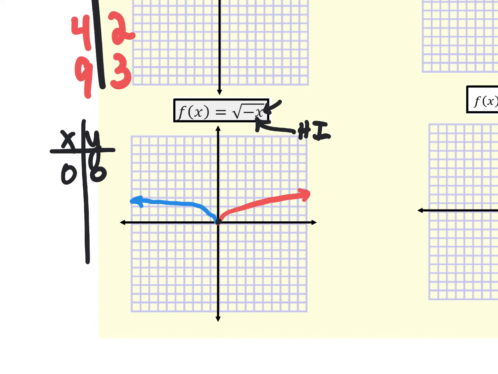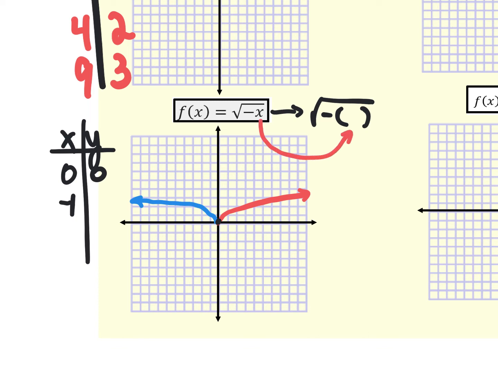Now if I put in negative 1, some kids think that this whole thing is impossible because there's a negative. But really, let me blow this up. This is important. It's the square root of negative empty parenthesis. That's what the x is. X's are empty parentheses. This is so important because now it's an empty parenthesis.